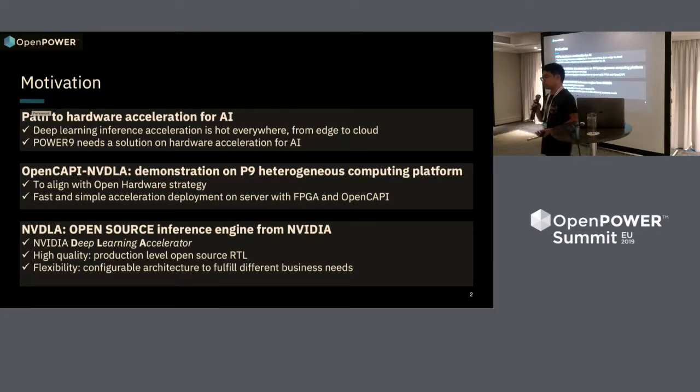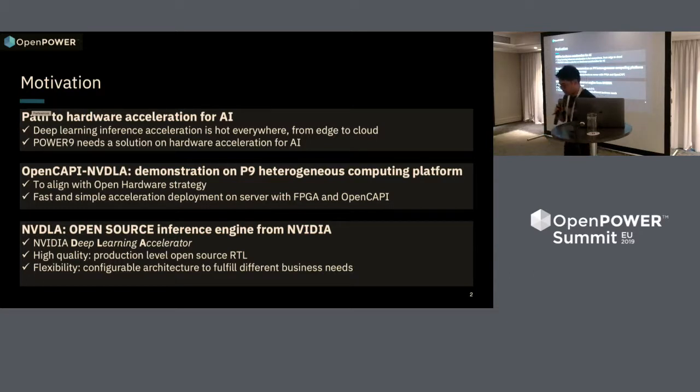Power 9 has an emphasis on heterogeneous computing, which means we have interfaces such as NVLink, CAPI, OpenCAPI, and PCIe Gen 4 to encourage people to connect an accelerator with our CPU, so that the whole heterogeneous computing system can be more efficient with the help of accelerators. That's another reason that we want to integrate an AI inference engine with OpenCAPI.